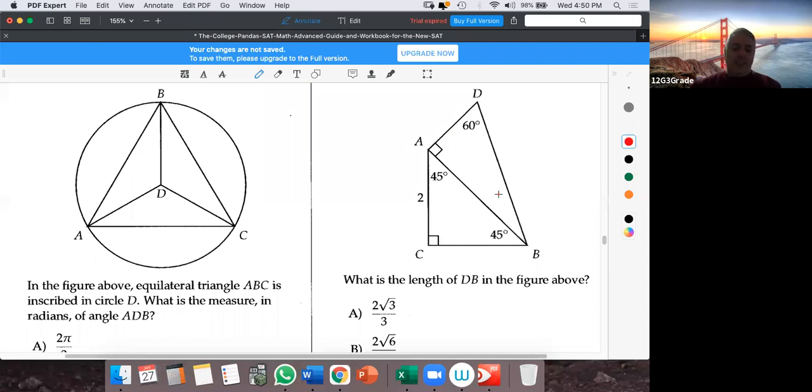And one more thing. In the question, it says that ABC is inscribed in the circle D. I mean, what is the measure in radians? So when you read this term, inscribed in circle D, we understand D is the center.